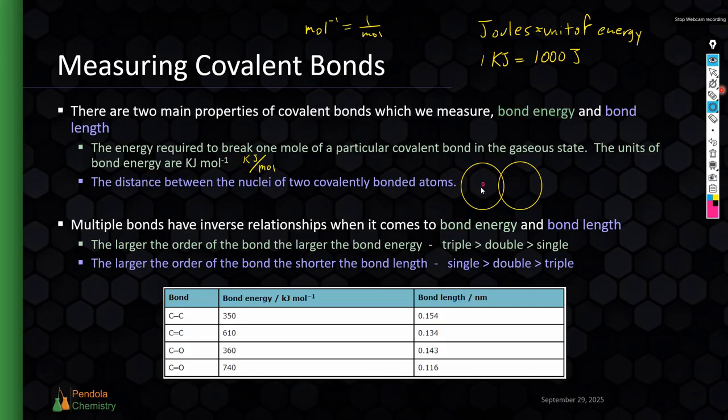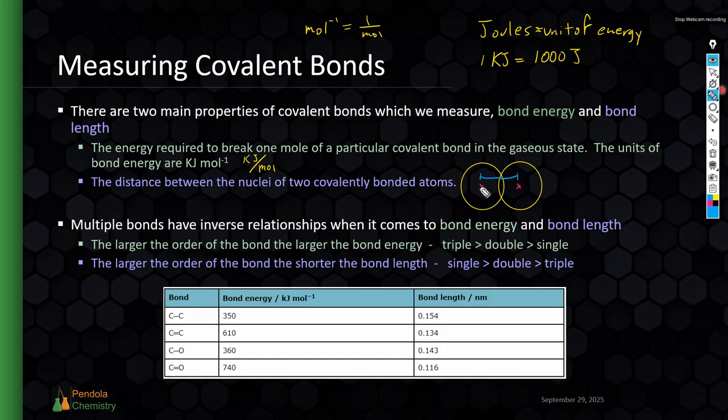So we have a nucleus here and a nucleus here. All that we are talking about with bond length is the distance between the nuclei, meaning from here to here. This distance is our bond length.